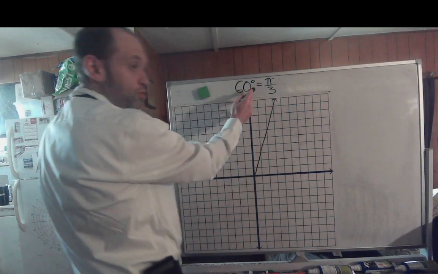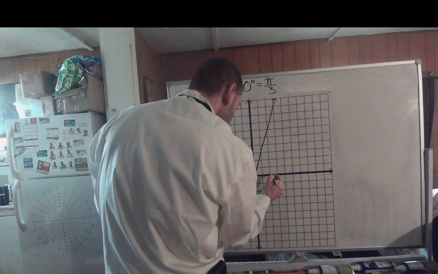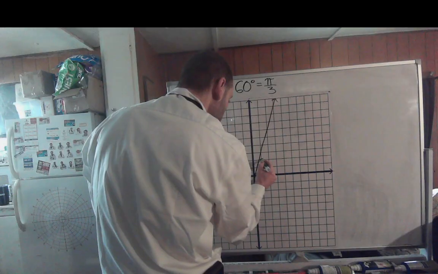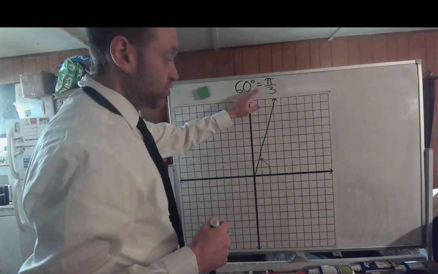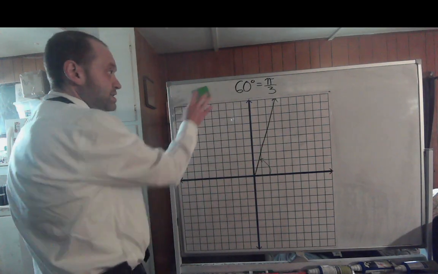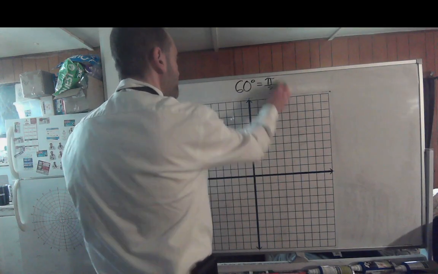It's good to be able to interchange degrees and radians. It's very important that you can. So there is a 60-degree angle, which is pi over 3 radians, which would leave 90 degrees next.